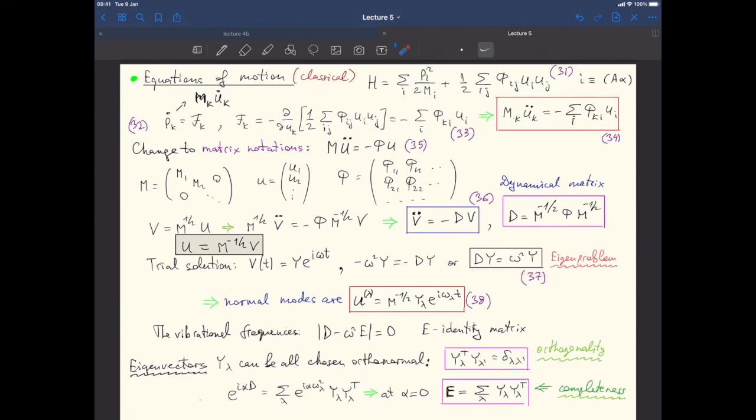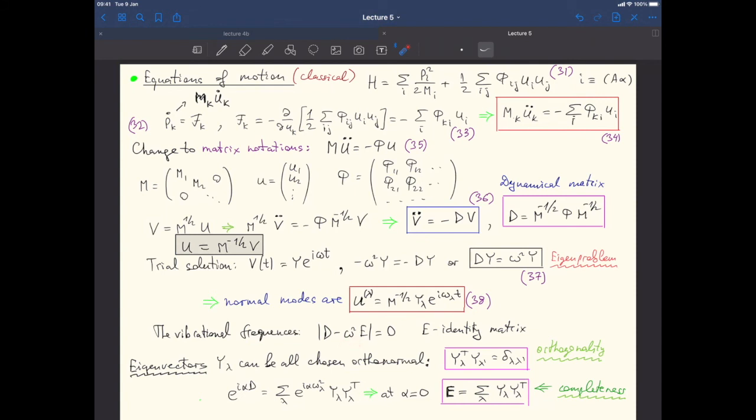And these are called normal modes. So we'll have as many normal modes in our system as is the dimensionality of the dynamical matrix. Okay, so we know how to solve this eigenvector eigenvalue problem. We'll start from setting the determinant of it to 0, and this would give us all squares of the frequencies.